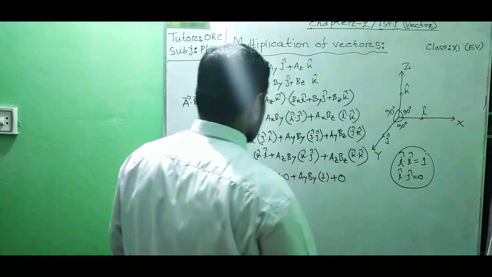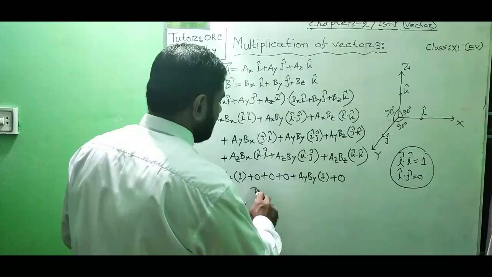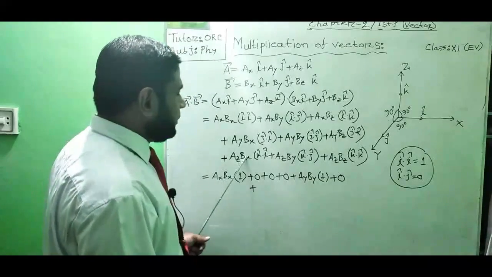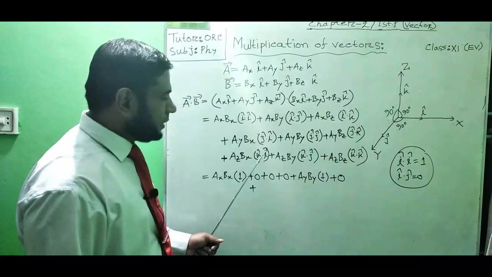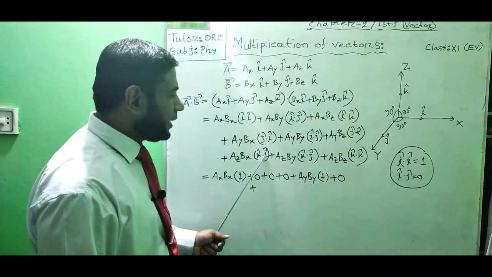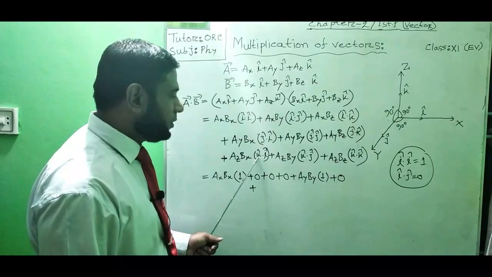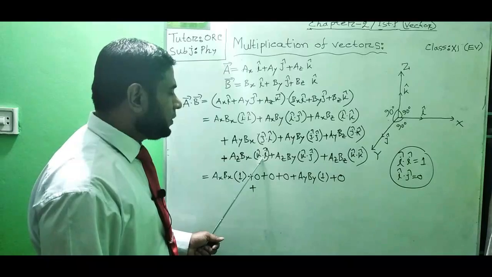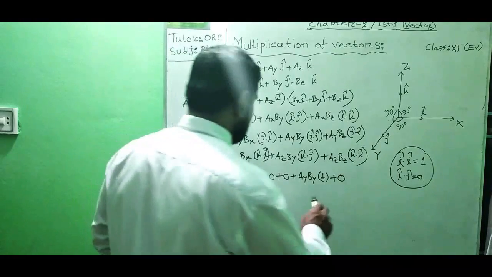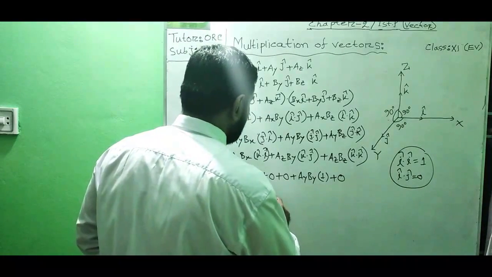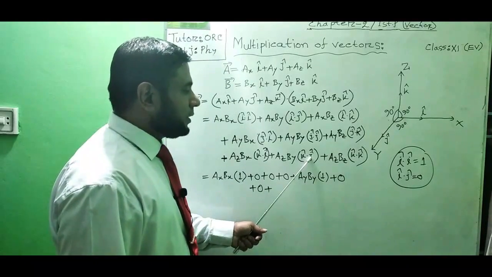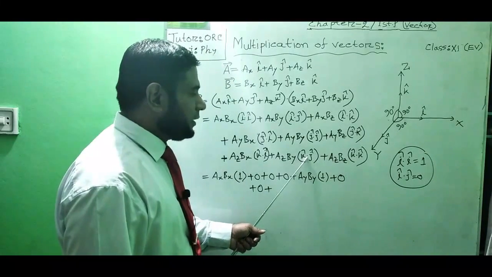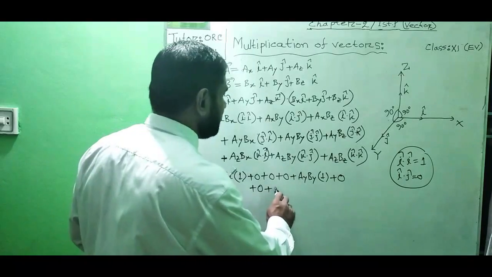Finished. And last of all, again aᵤbₓ, here the vector is k̂·î, two different unit vectors, so this value will be 0, this term will also be 0. So let us substitute 0 plus again here k̂·ĵ, two different unit vectors, in this case also the full value will be 0.